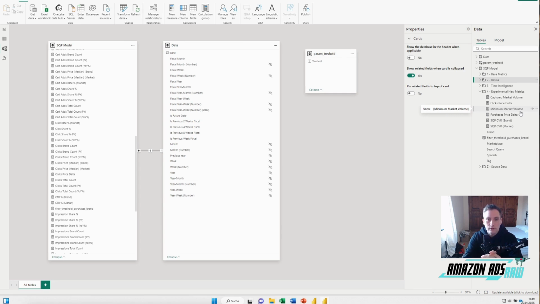It only captures organic and sponsored products. It doesn't capture sales that happen from sponsored brands, sponsored display, from widgets, from external, affiliate, whatever. So it doesn't show you the full market size. It shows you kind of a minimum market size. I called it volume. You can call it market size if you want.